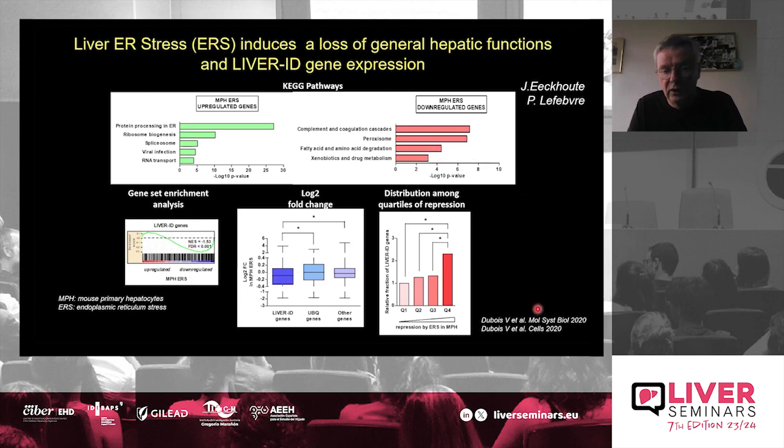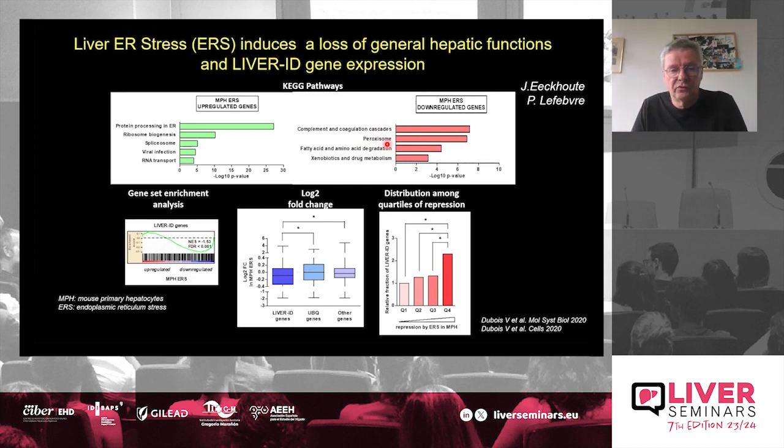And so what Vanessa Dubois, postdoc in the lab with Jérôme and me, showed is that under conditions of liver hepatocyte stress, there is an induction mainly of stress-related genes, as you would expect, with a downregulation of more liver identity genes. And so that led us to propose the concept that under condition of stress, the hepatocyte reacts by a shutdown of its liver identity profile.